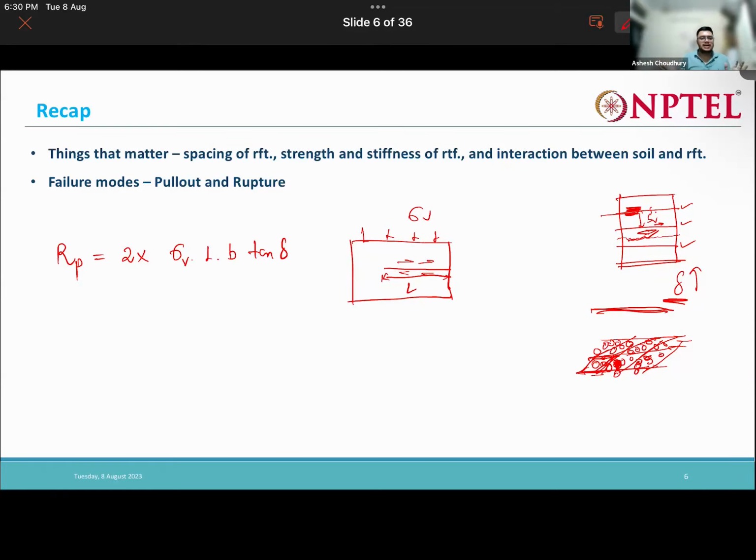Similarly, big direct shear boxes are available where we can conduct this direct shear test between the soil and the geosynthetic material, maybe geotextile or geojute, whatever. So from this direct shear test, this delta value can be determined. What is this delta? This delta is the friction angle between the reinforcement and the soil.